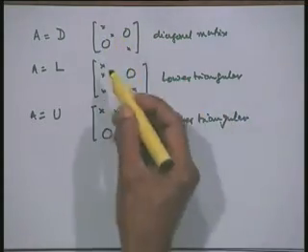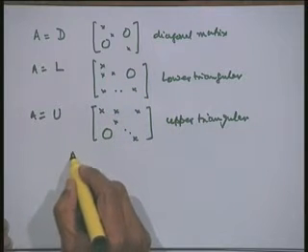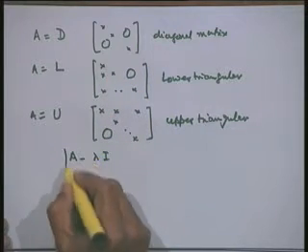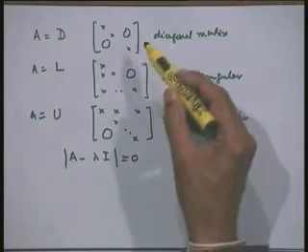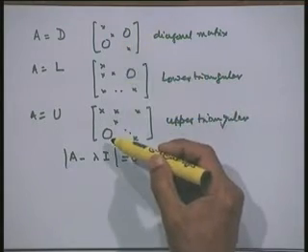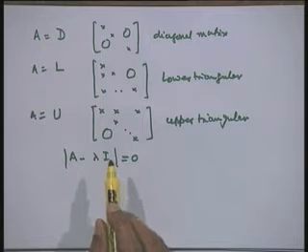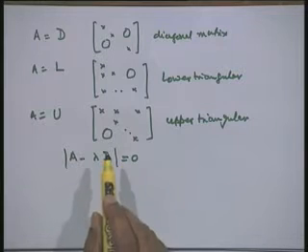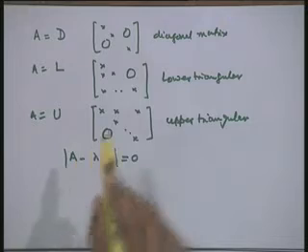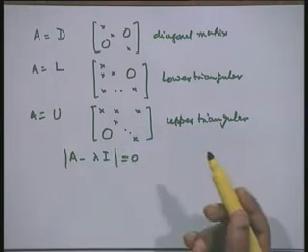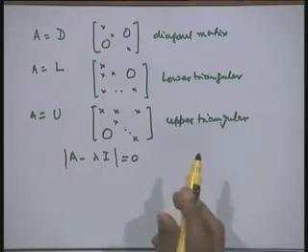We can write down the characteristic equation, determinant of A minus lambda I equal to 0, and it immediately tells us that the eigenvalues are placed on the diagonal in all these three cases. Therefore, most of the numerical methods attempt to reduce the given matrix using similarity transformations to one of these forms, or some other forms that are also possible.